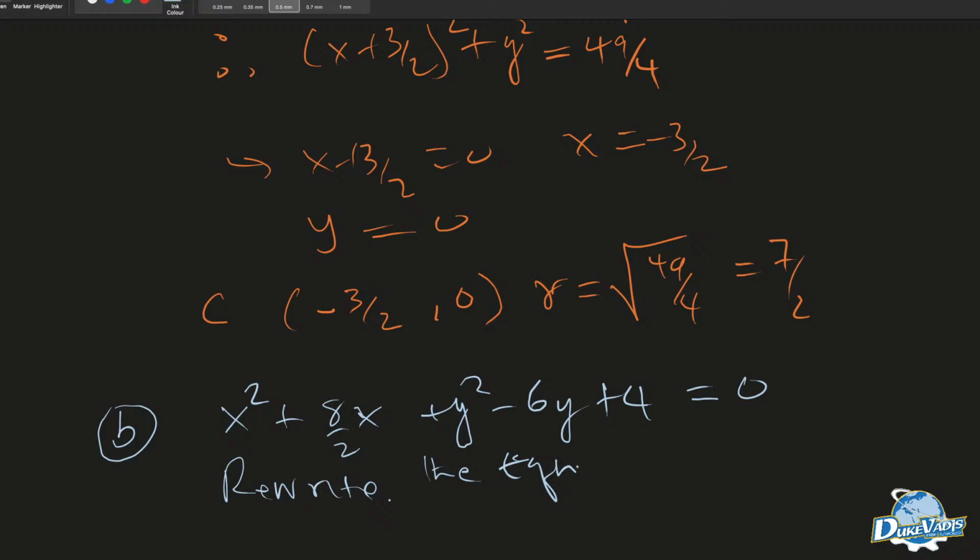So this one tells us that the first one is given as x squared plus 4x plus y squared minus 6y is equal to negative 4.